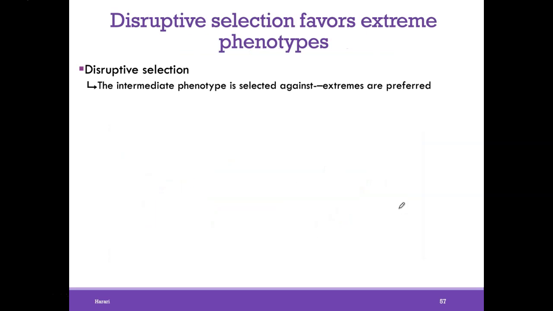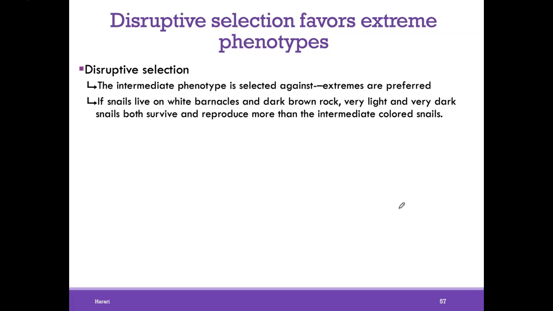Disruptive selection favors extreme phenotypes, where the intermediate phenotype is selected against. So basically, this is saying extremes are preferred. It's also called diversifying selection. Suppose there's a population of snails that live on white barnacles and dark brown rock. Either very light snails or very dark snails would be able to camouflage and blend in.